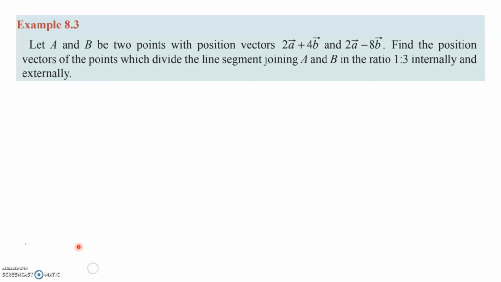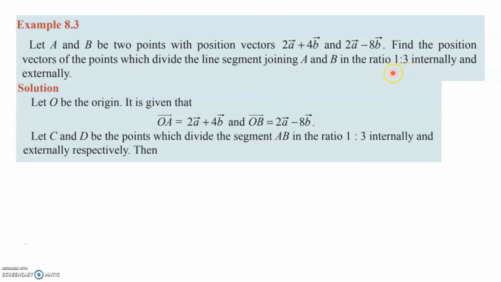So let's see this problem here, which is: let A and B be 2 points with position vectors 2a plus 4b and 2a minus 8b. Find the position vectors of the points which divide the line segment AB in the ratio 1:3 internally and externally. Okay, so we have two cases, one that divides it internally and second that divides it externally, and the ratio is 1:3.